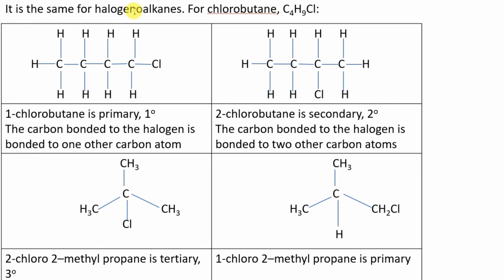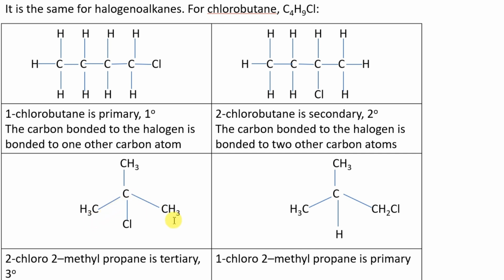It's the same for halogenoalkanes. For chlorobutane, my chlorine could be on the end of the chain of 4, making it primary. The carbon with the Cl is bonded to 1 carbon. I could make it 2-chlorobutane. The carbon bonded to the halogen is bonded to 2 other carbon atoms. I'm done with a chain of 4.